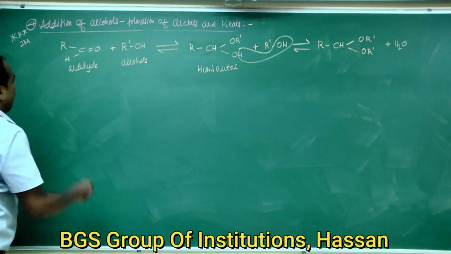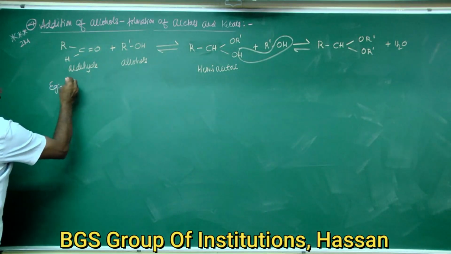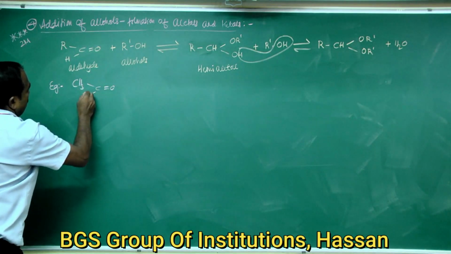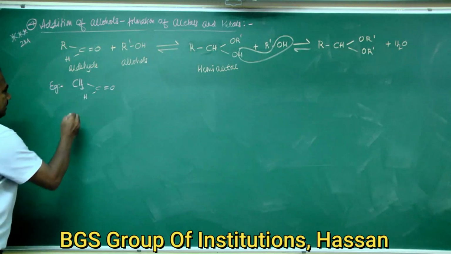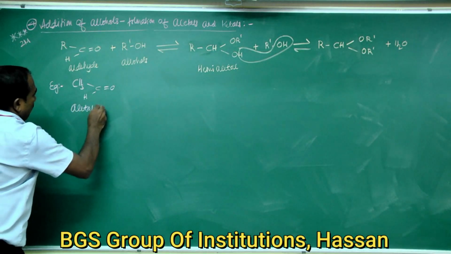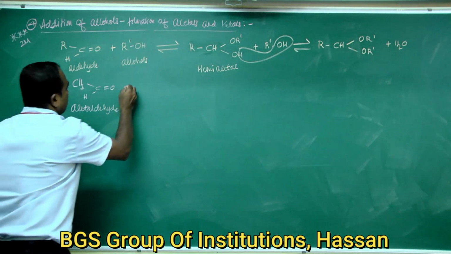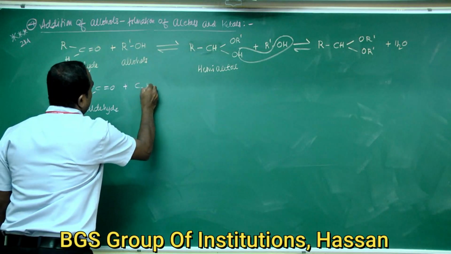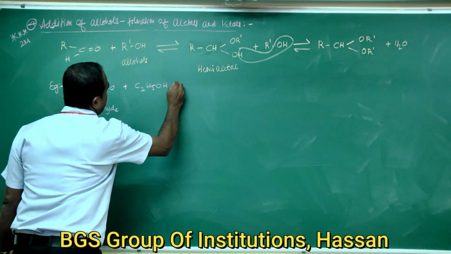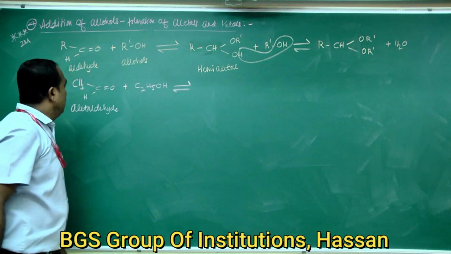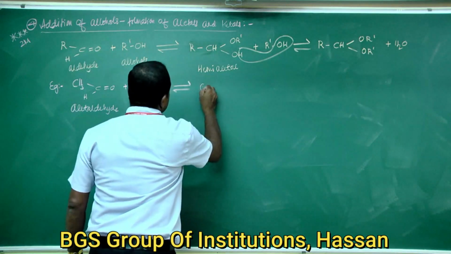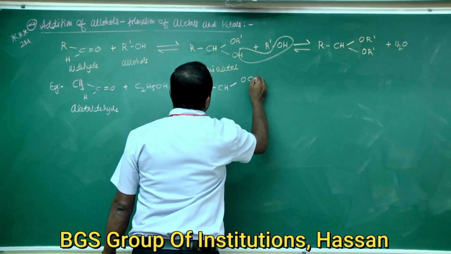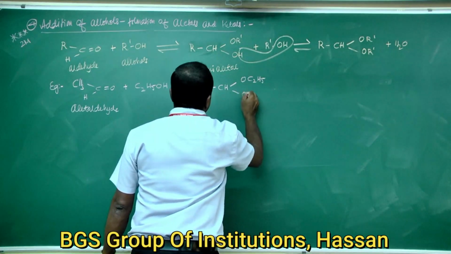Take one such example. CH3, C double bond O connected to H. This is acetaldehyde. It reacts with ethyl alcohol, C2H5OH, a monohydric alcohol, to give CH3 single bond CH single bond OC2H5, single bond OH.